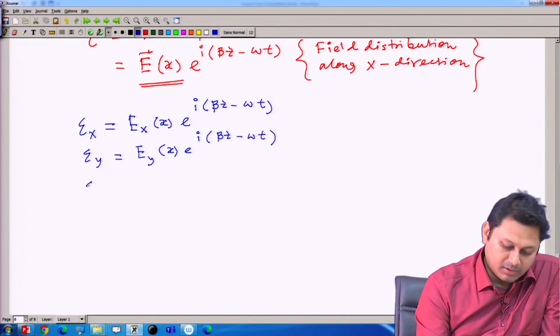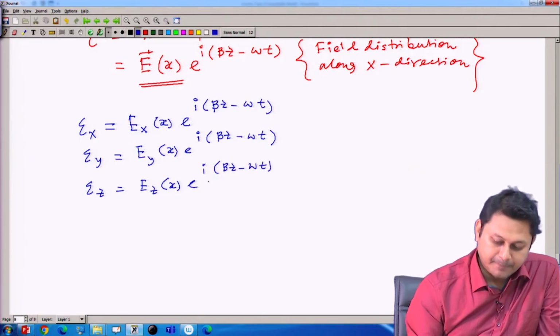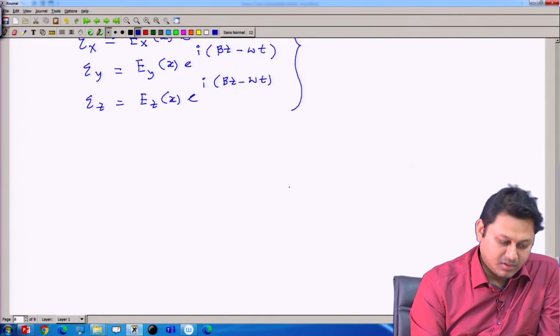In a similar way, curly E z is E of z, that is also a function of x, e to the power i beta z minus omega t. So, this is the way one can define the E x, E y, E z component.